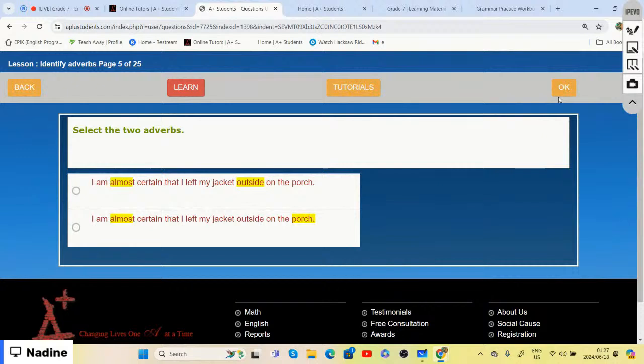Is it option one, which is almost and outside, or option two, almost porch? We need to choose the correct option. We need to choose and select two adverbs.